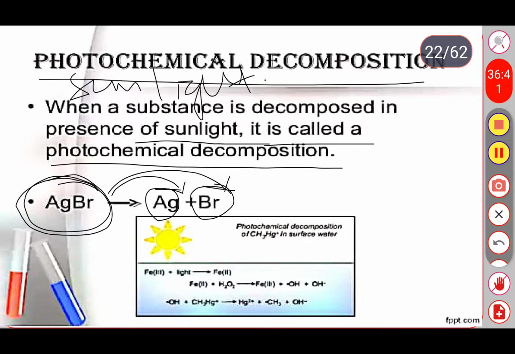In thermal decomposition, we need to supply heat, and in photolytic or photochemical decomposition, we need to provide sunlight. In presence of sunlight only the reaction takes place. So these are the types of decomposition reaction.